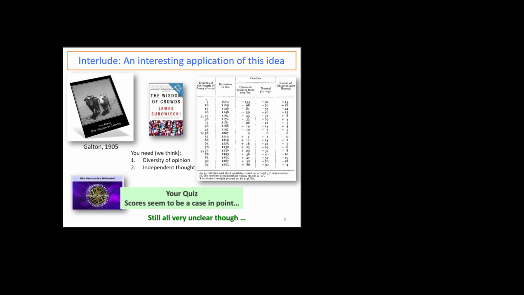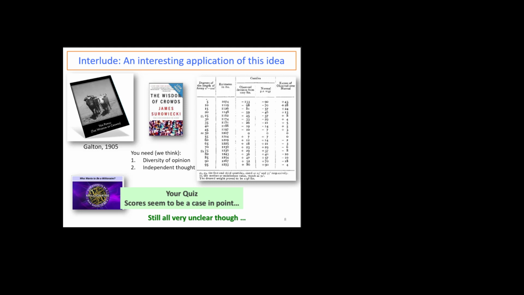Okay, so an application of this idea can be found in the concept Wisdom of the Crowd. That's a book written by James Surowiecki, and the idea is that a large group of individuals often knows more than just a few experts.